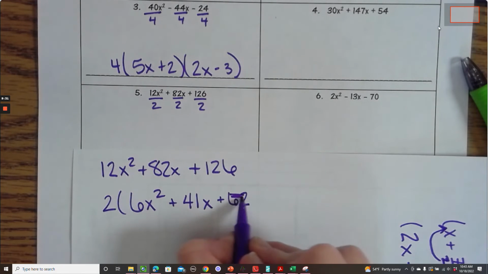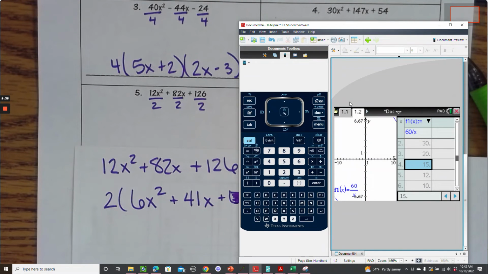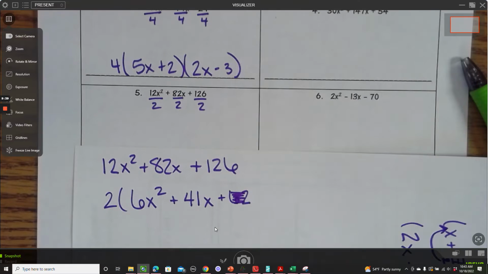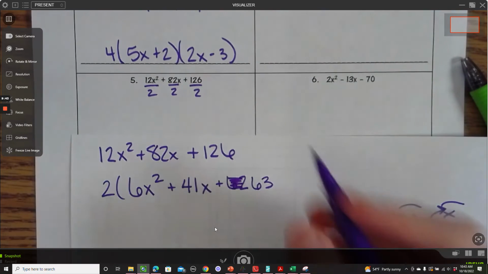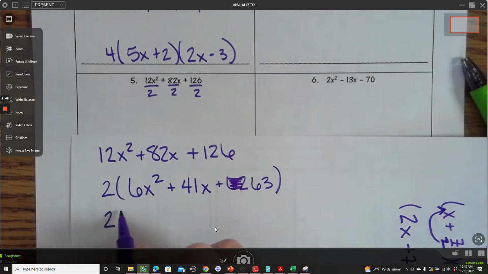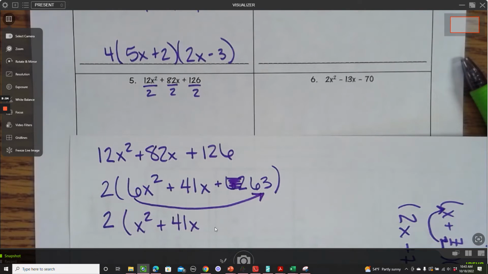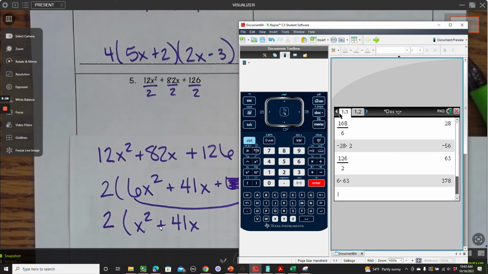No, that's not right. 126 divided by 2. 63? Okay. So now I'm going to slide the 6 to the end. What do we get? 378?